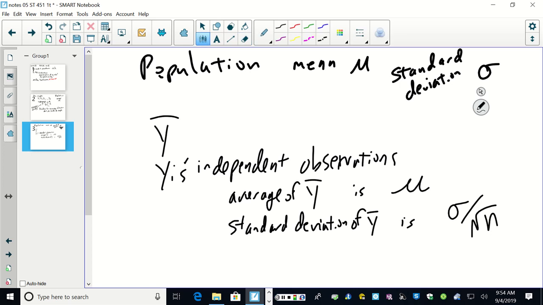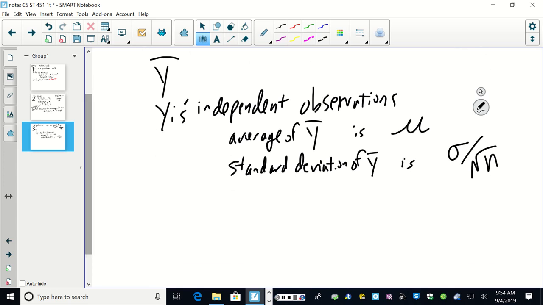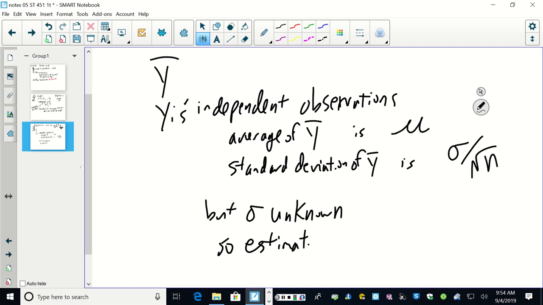But sigma's not known, right? So we're going to estimate sigma by just the sample standard deviation S. That one I'll write on the next page for space.